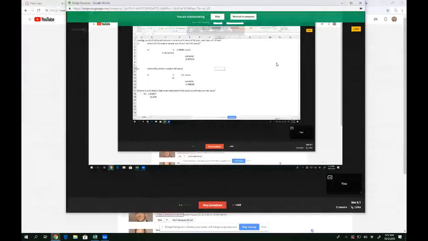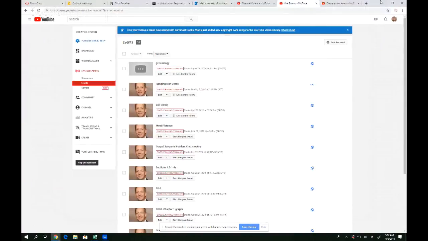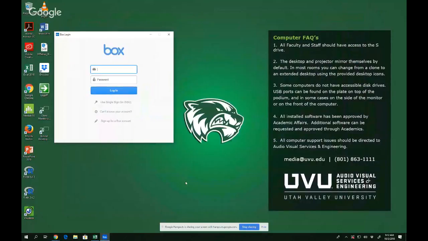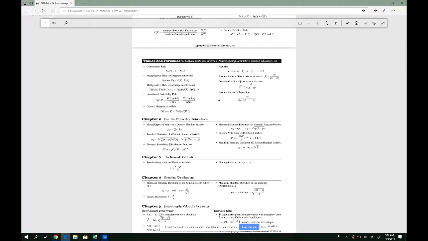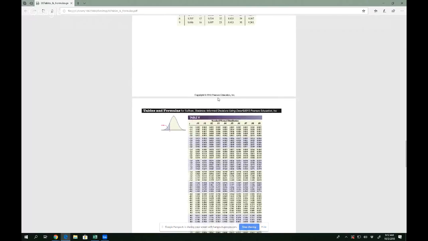It's the same thing with the chart. So if I'm looking at the chart, here's the chart. So yes, there's two ways to do this.